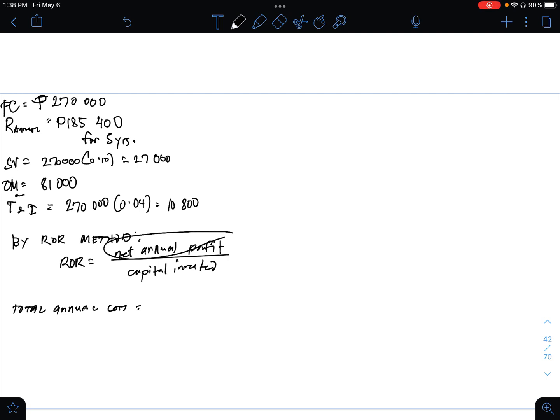The total annual cost is equivalent to the tax and insurance, which is what you spent, plus we also have the operation and maintenance, right? Operation and maintenance annually.